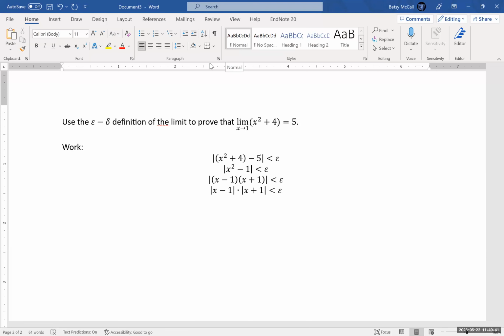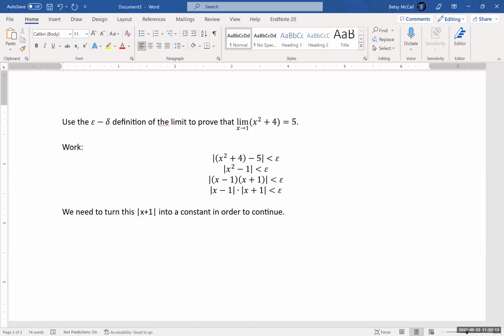Now, what we need is to turn this x plus 1 into a constant. And for that purpose, we're going to think about being in the neighborhood of 1.